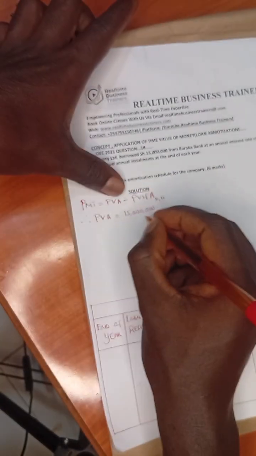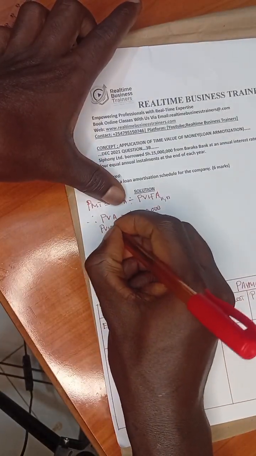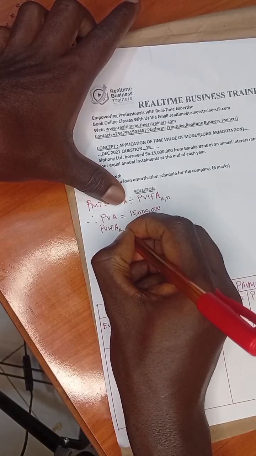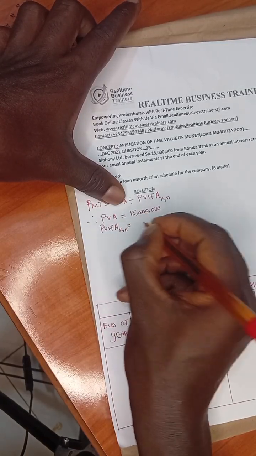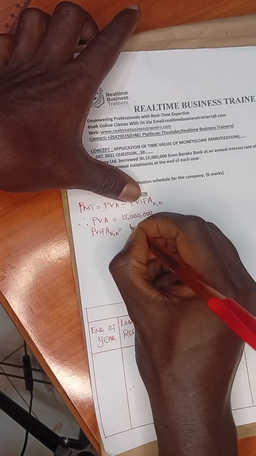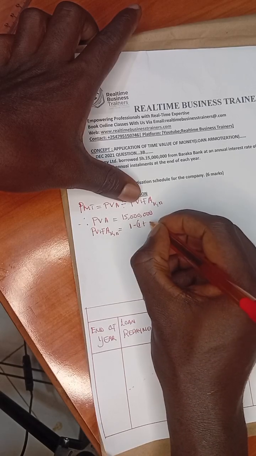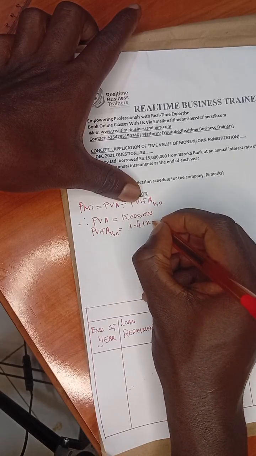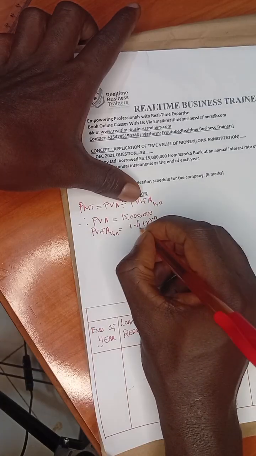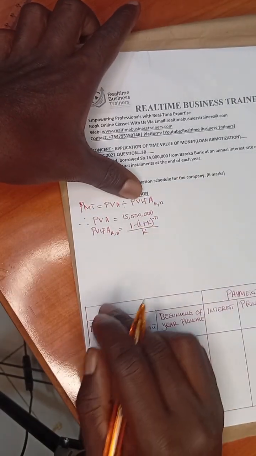But we also need the present value interest factor of an annuity at a given percentage in a given period. The formula goes by 1 minus, open bracket, 1 plus K or R, power negative N, that is the number of periods, over K, or rather over R.